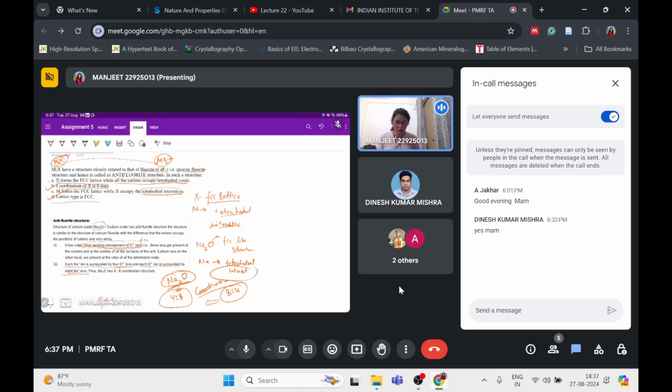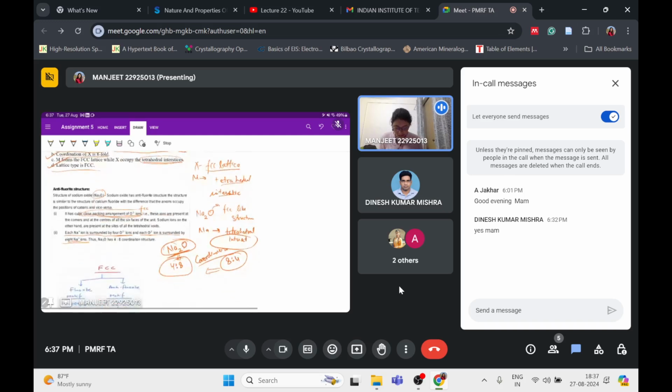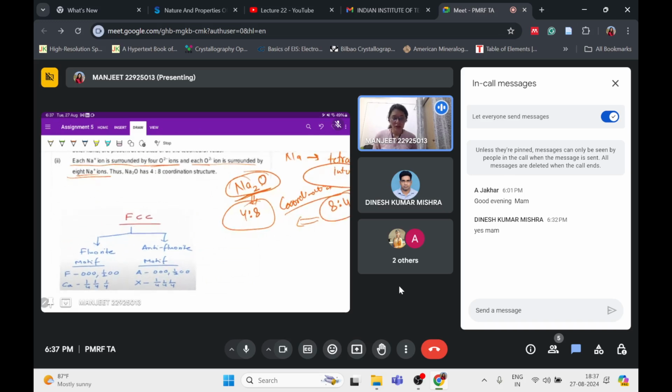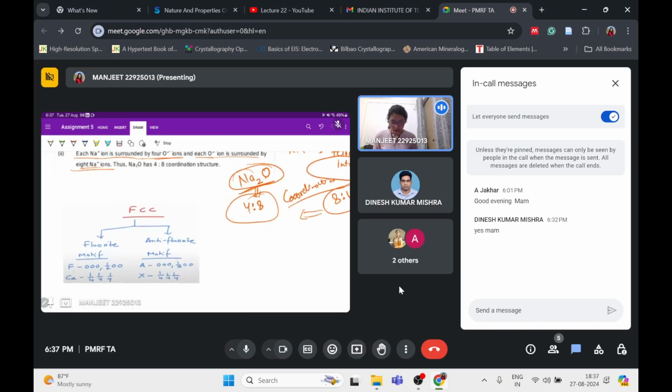Remember these are different things, because you can see there are two types, both having the FCC lattice, but their motifs are different. In the fluoride case, if we take the example of CaF2, which is MX2, X takes the position 0 0 1/2 0 0, and M takes 1/4 1/4 1/4.